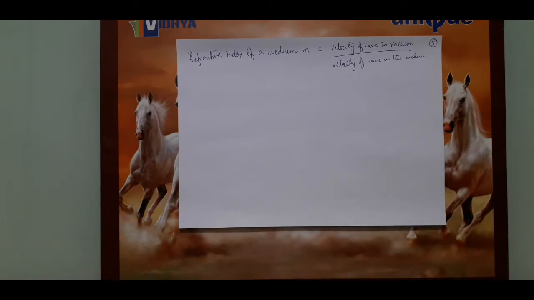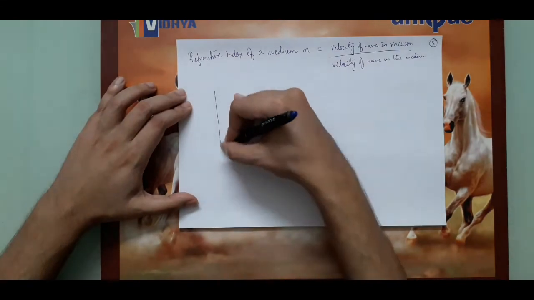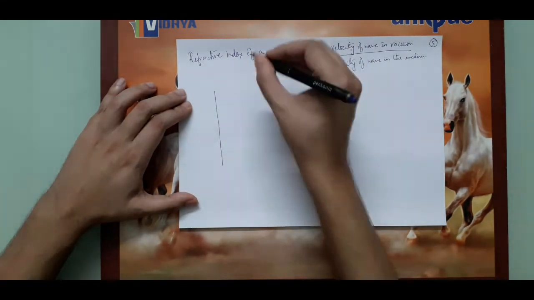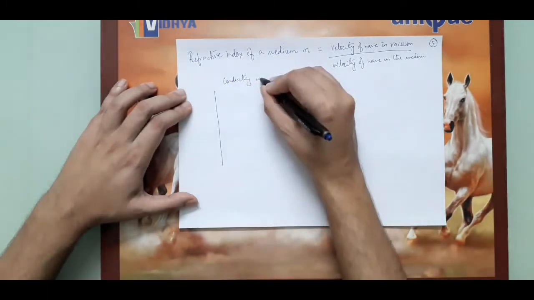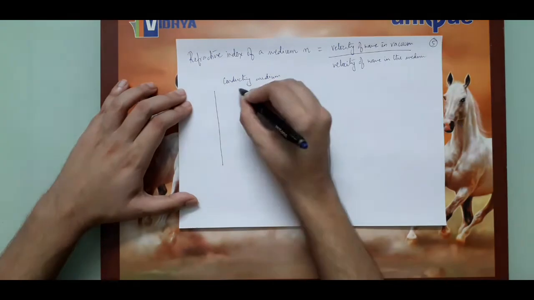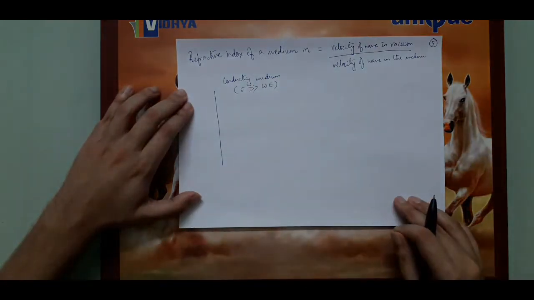So now let us continue this discussion about good conductors. Again, let us consider this conducting boundary, where we can say that sigma is much more than omega epsilon.